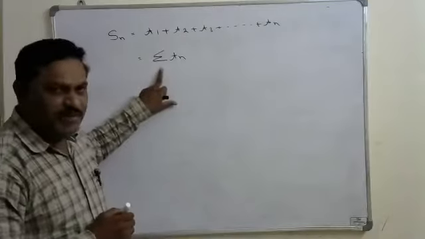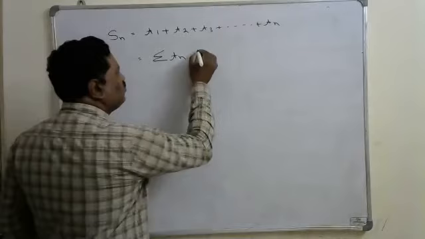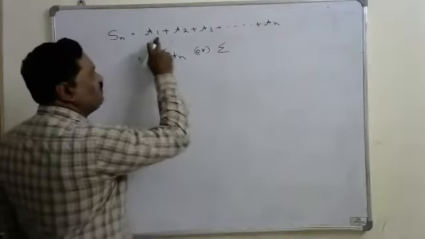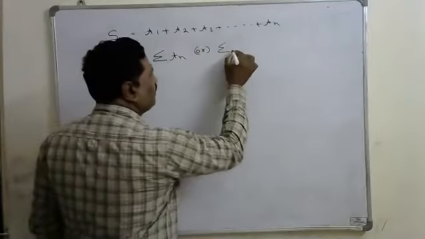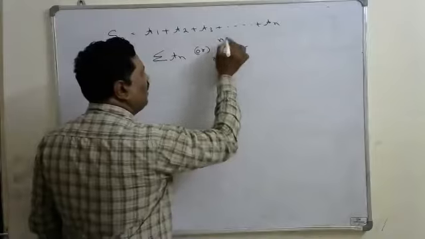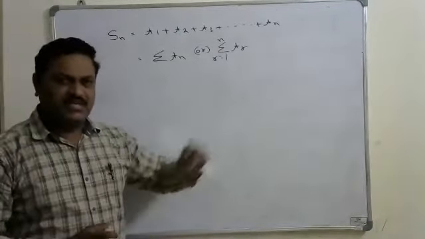Or you can also write it like this, because in all these series the suffix is varying, so I can take Tr, where r is varying from 1 to n. This is another notation to represent the sum of the series.